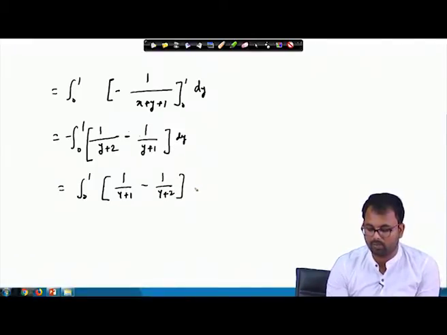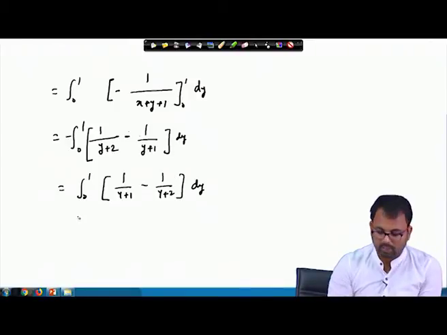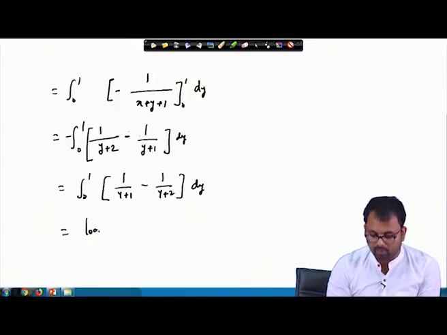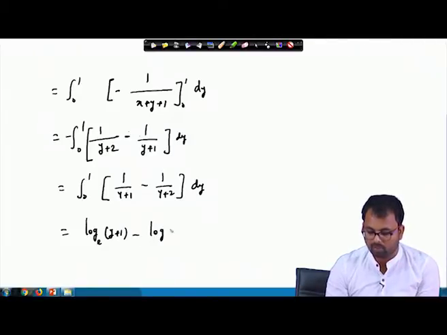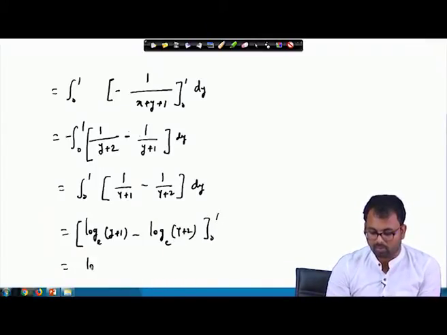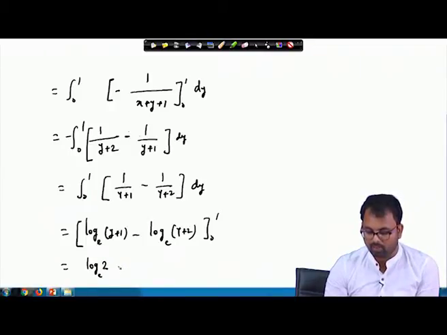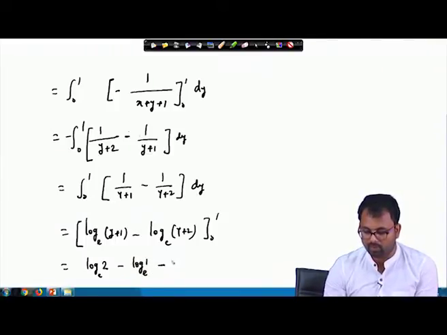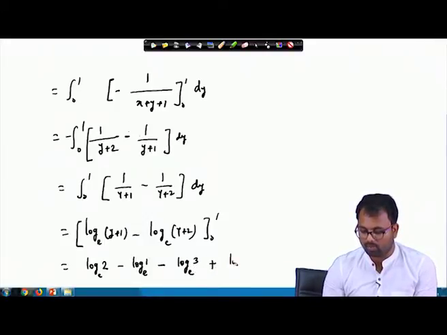I just put the minus sign inside the bracket, and if we integrate now, then this will be log of y plus 1 to the base e minus log of y plus 2 to the base e, from 0 to 1. So, this will be log of 2 to the base e minus log of 1 to the base e minus log of 3 to the base e plus log of 2 to the base e.